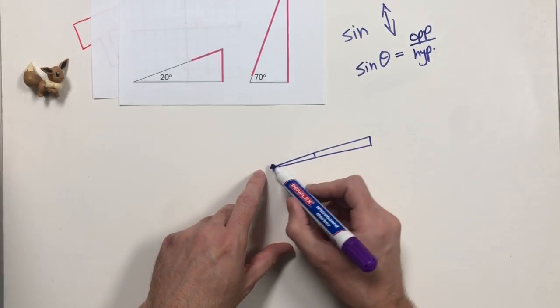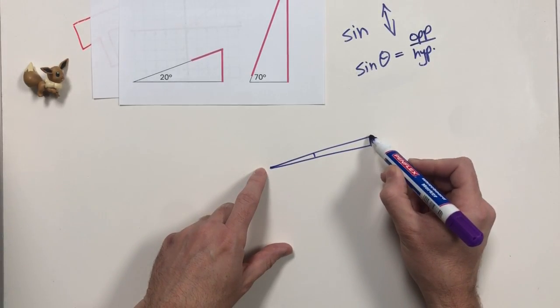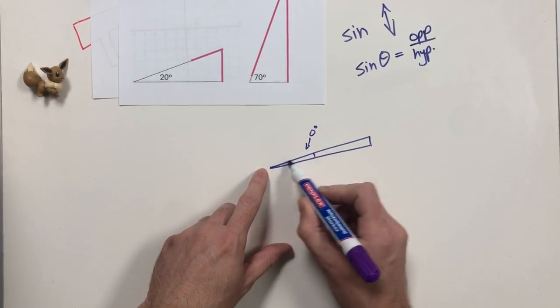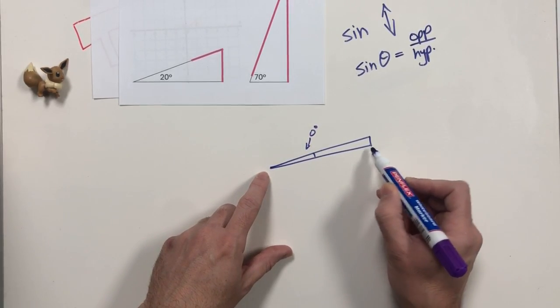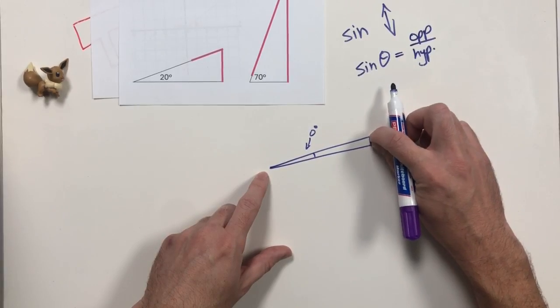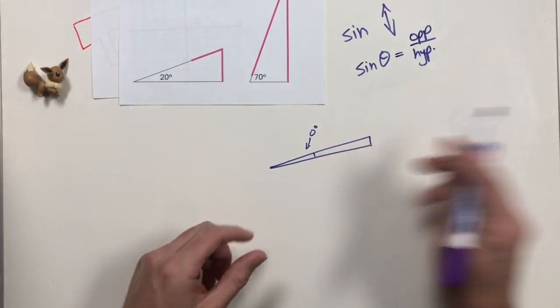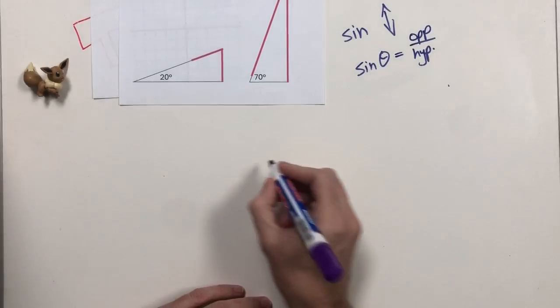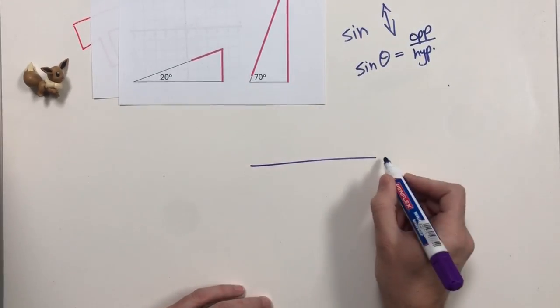You can see that eventually, if I make this angle 0 degrees, this line will actually just fit on that line, and this whole opposite side, it's getting smaller, it would disappear. So it would look like this. If I drew a 0 degree angle, it looks like this.